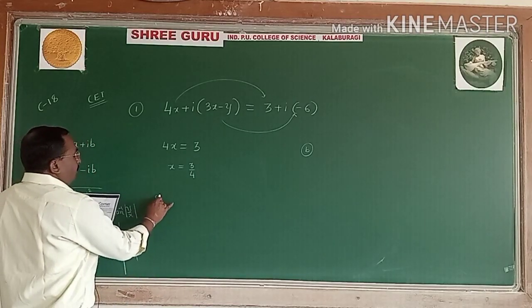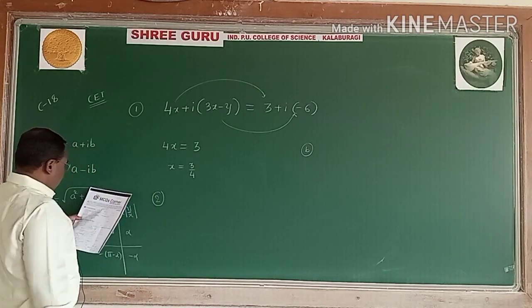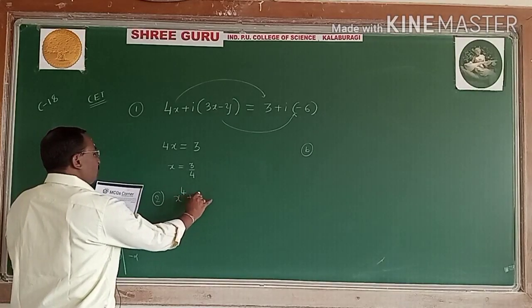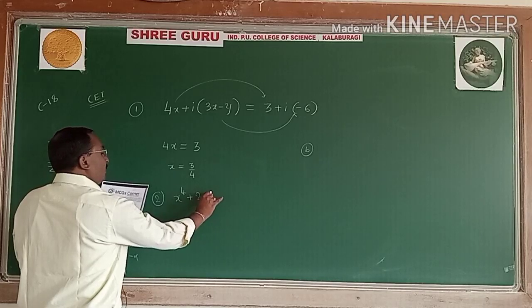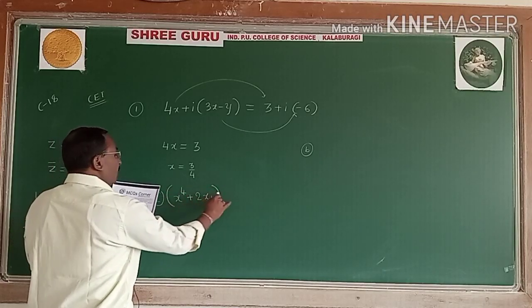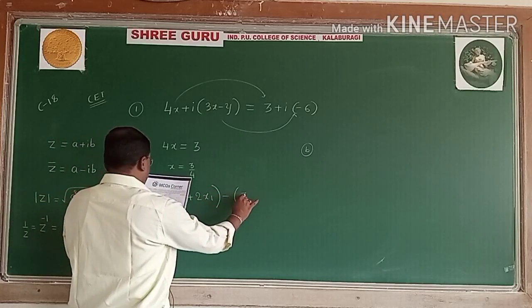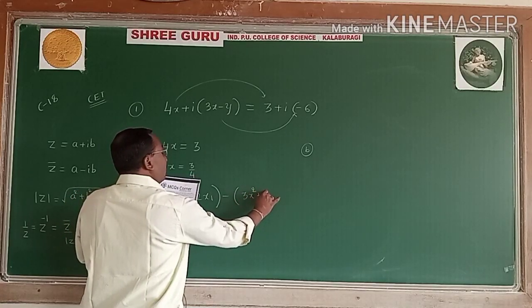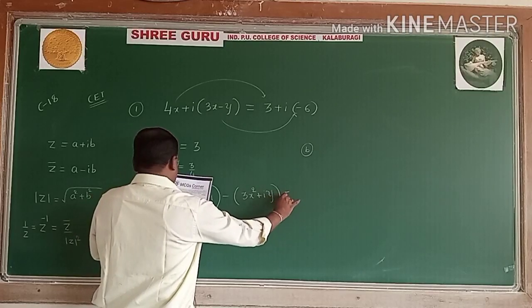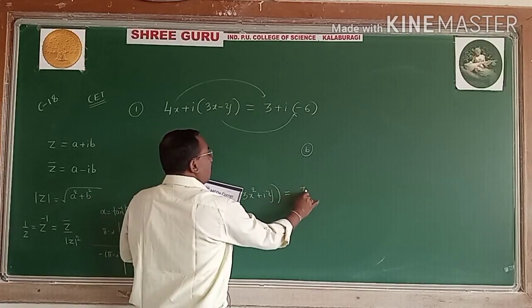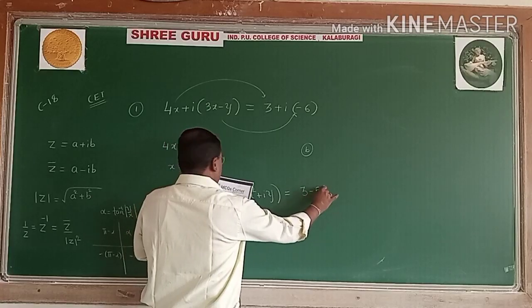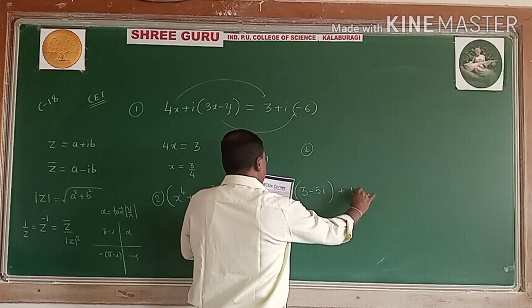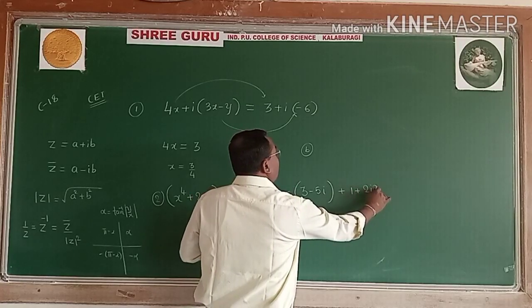Next, example number 2: x to the power 4 plus 2xi minus 3x square plus iy is equal to 3 minus 5y plus 1 plus 2iy.